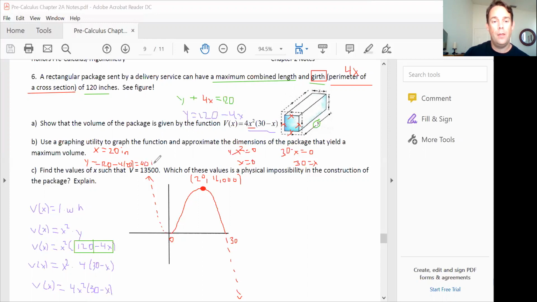And friends, that means the maximum volume would be at V of 20, actually. That's what I should have said. V of 20, the maximum volume, will be 16,000 inches cubed.